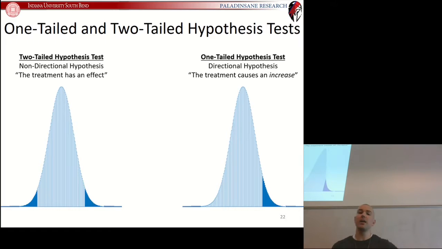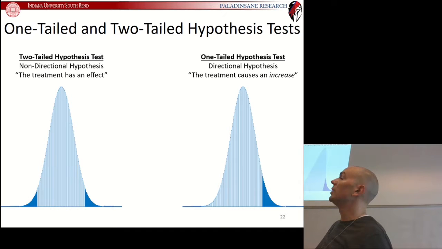Other theories say social media would actually lead to a decrease in depression because social media allows you to connect to other like-minded people so you don't feel as isolated. So will it cause an increase in depression? Will it cause a decrease in depression? We don't know. So in that case, you would want to do a two-tailed hypothesis test.